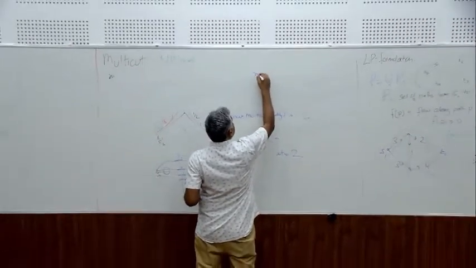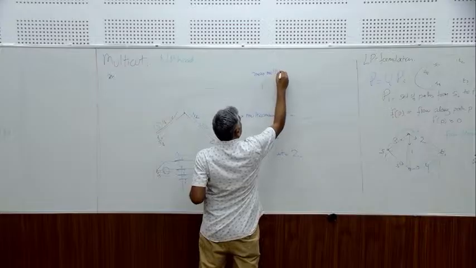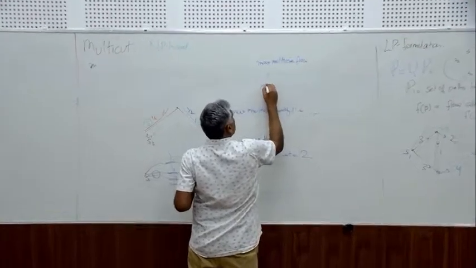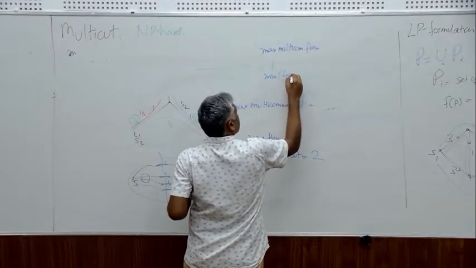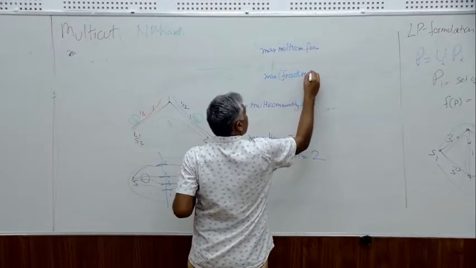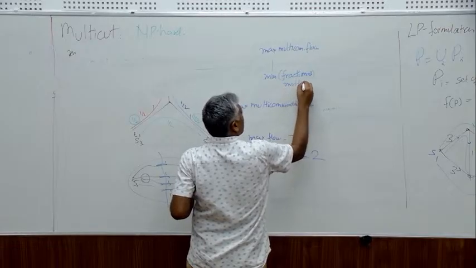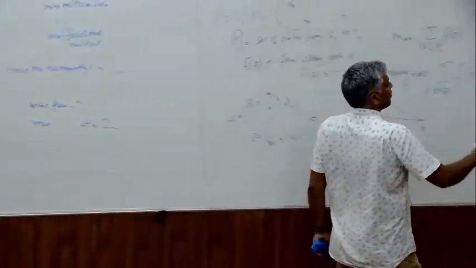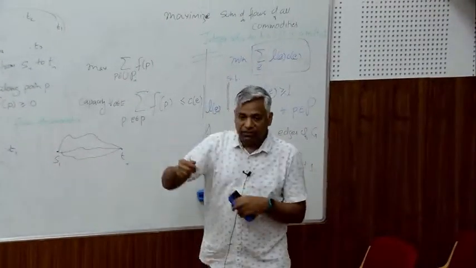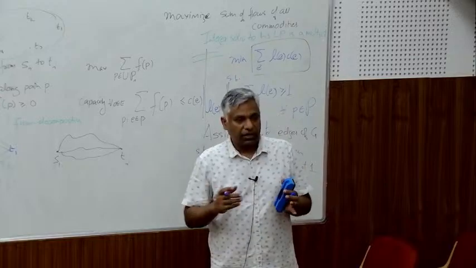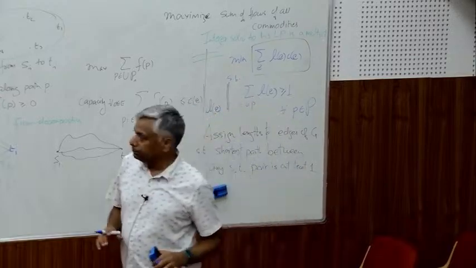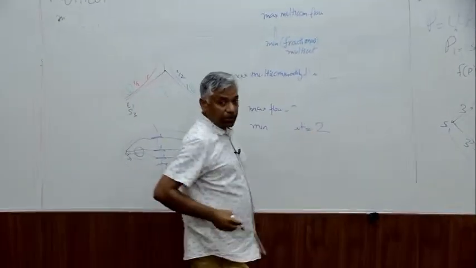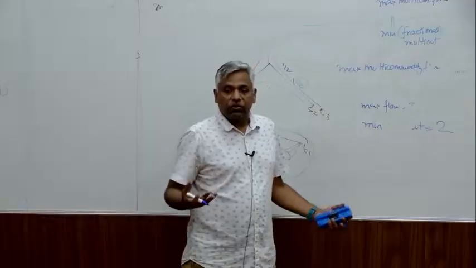So this is maximum multi-commodity flow, which is equal to minimum, I'm now putting in brackets, fractional multi-cut. What do I mean by fractional multi-cut? A multi-cut which is a solution to this linear program. Basically, it's assigning fractional values. It's as if I have distributed the cut across many places. These are equal, and this follows from linear programming duality. The maximum flow is equal to the minimum fractional multi-cut.